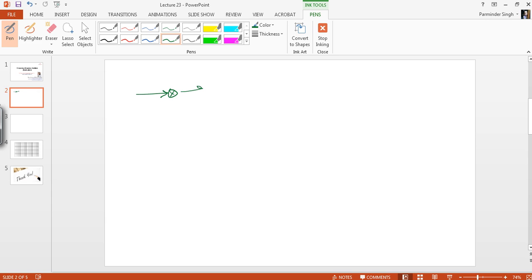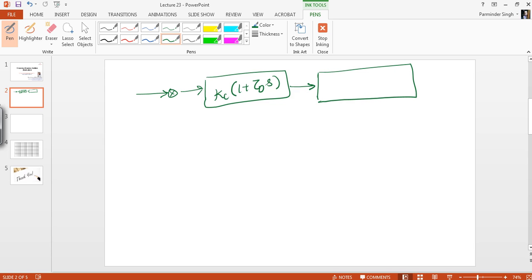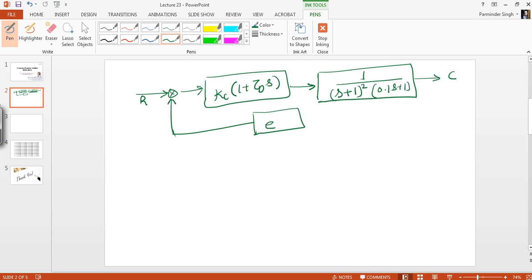Now the example over here is we have a control system represented by the following block diagram. That is, we have a controller, that is a PD controller, and a process consisting of 3 tanks in series whose overall transfer function is represented by this transfer function, and we have a measuring element with a lag of 0.1.